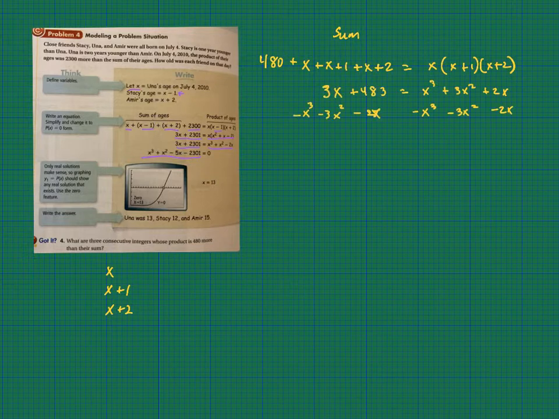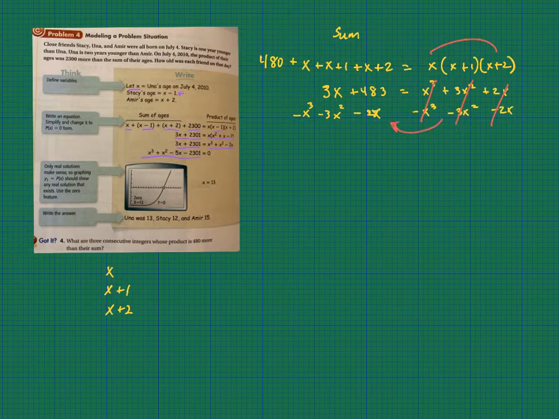So now I'm going to do some combining like terms, some inverse operations, and some multiplication. I FOILed out the entire right-hand side to where I got x cubed plus 3x squared plus 2x. And I've done the inverse operations to get everything over to the other side.